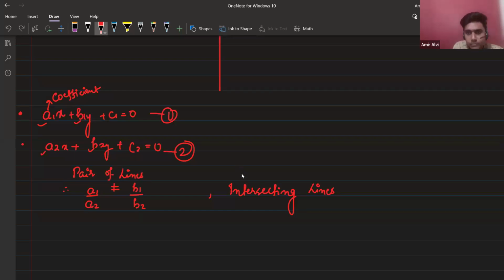This is the graphical representation, and this is the solution, the algebraic interpretation.